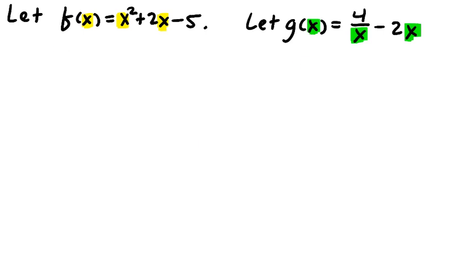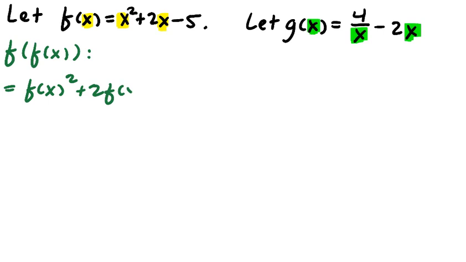What if they asked us about something like f of f of x? What I'm going to do is wherever I see x, I'm going to replace that with f of x. So f of f of x is going to be f of x squared plus 2 f of x minus 5.